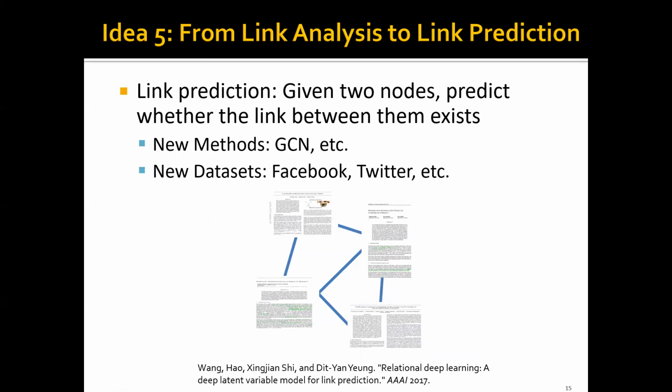For example, you can consider using some state-of-the-art variants of GCN, graph convolutional neural nets, to perform this task. Or you can think about applying existing models to new data sets like Facebook and Twitter data sets. Basically, in Facebook, you will want to predict the links between the users, and in Twitter, it's like predicting whether or not some user will retweet some tweets, or some user will add somebody.